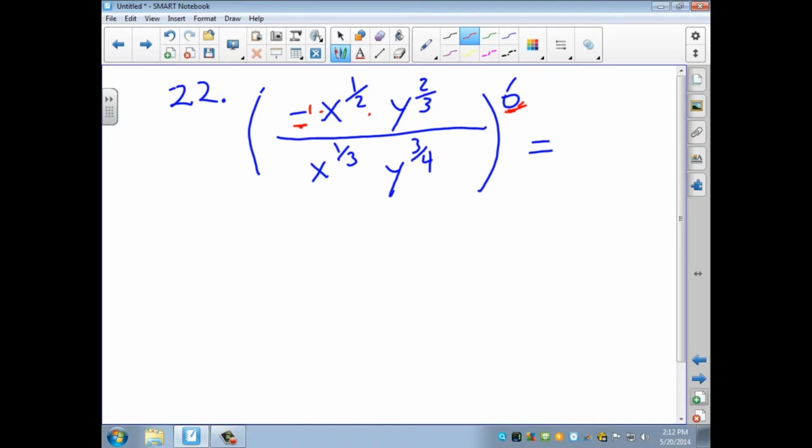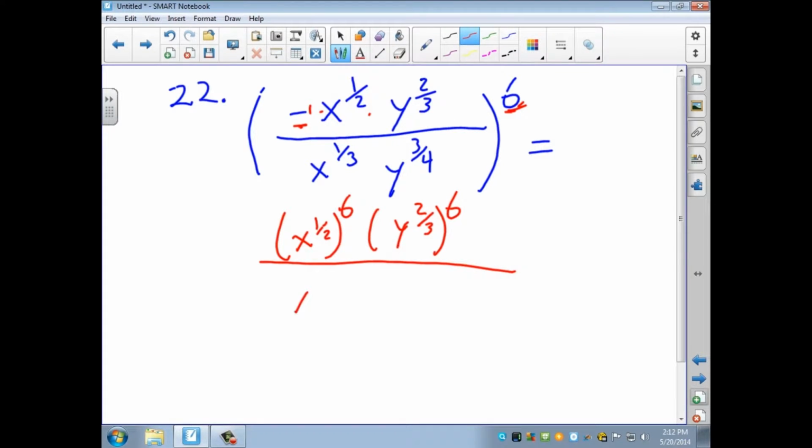So first, in the numerator, I would basically have x to the 1/2 to the 6th power, y to the 2/3 to the 6th power, and in the denominator x to the 1/3 to the 6th power, and y to the 3/4 to the 6th power.